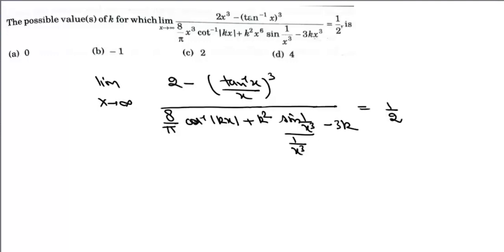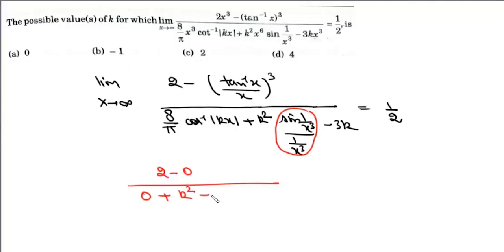Now we'll take this limit x tends to infinite. Now this is 2 minus, now tan inverse infinite is pi by 2, and pi by 2 upon infinite is 0. Here this is cot inverse infinite, and cot inverse infinite is 0. So this is 0. Here sine x upon x, when 1 upon x cube tends to 0, it is 1.